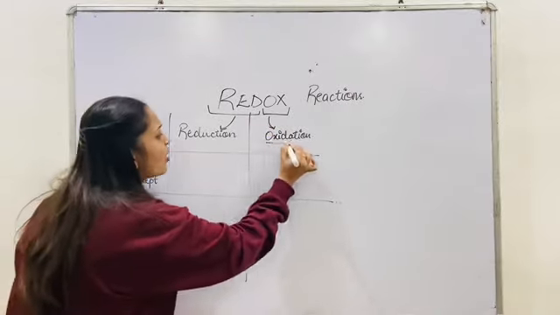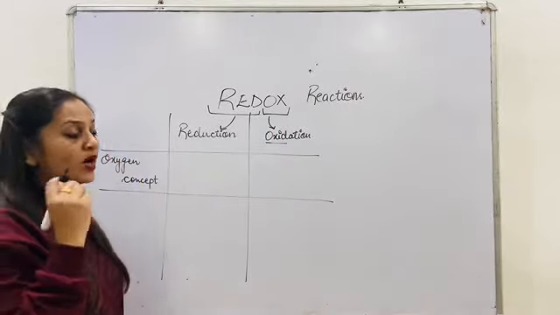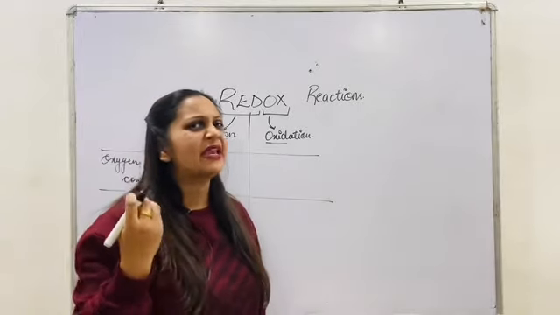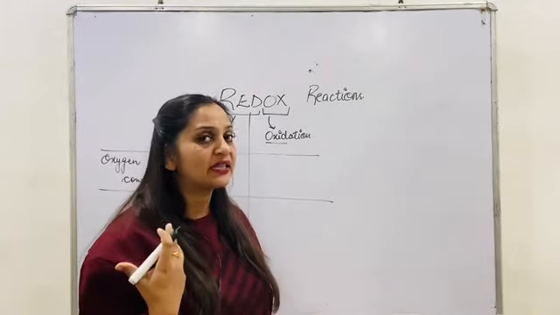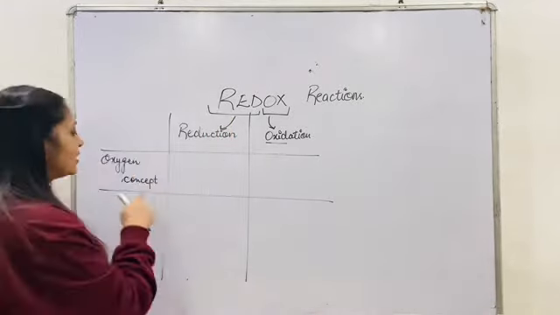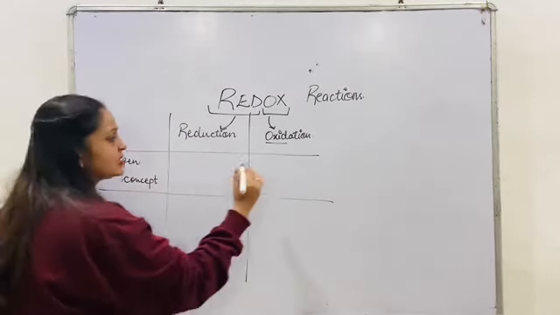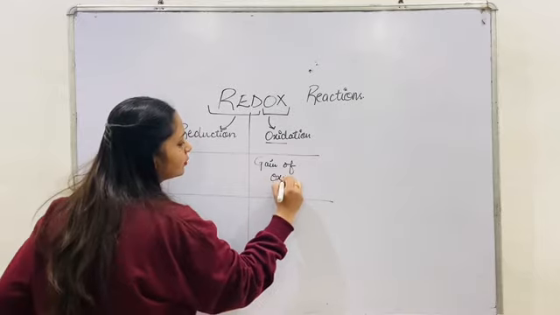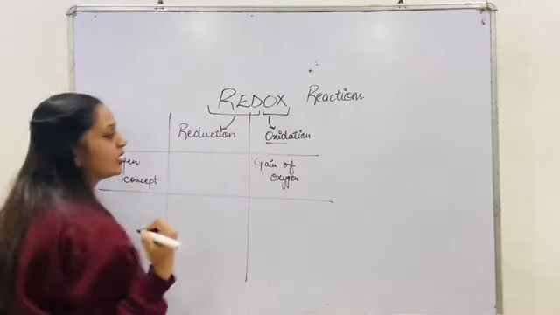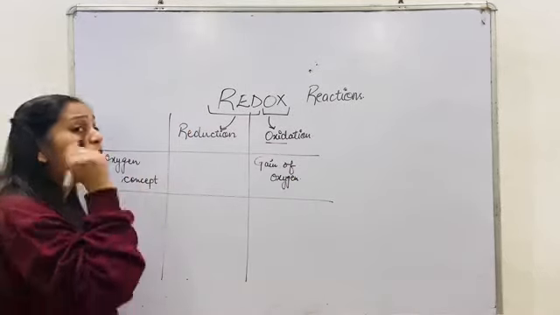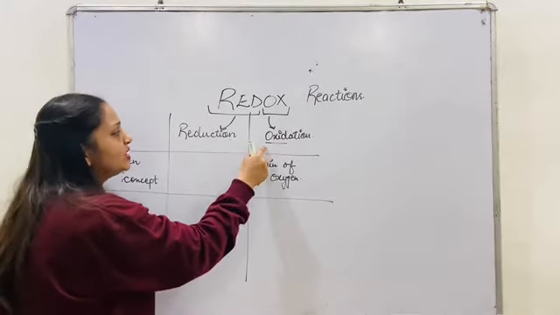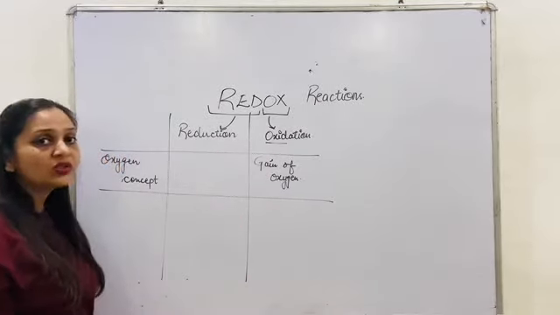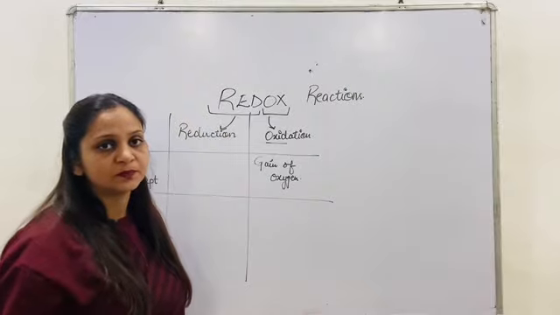See, when we say oxidation, an element must come to our mind, that's oxygen. So the oxygen concept states gain of oxygen is oxidation, and always remember that oxidation and reduction are opposite of one another.